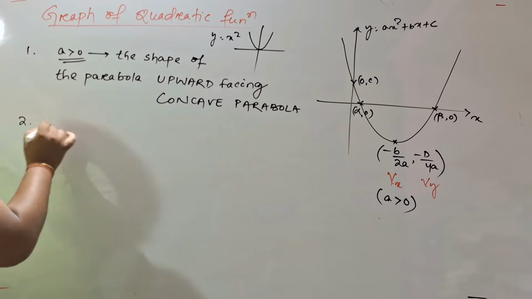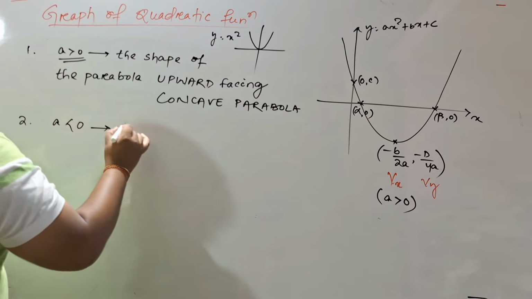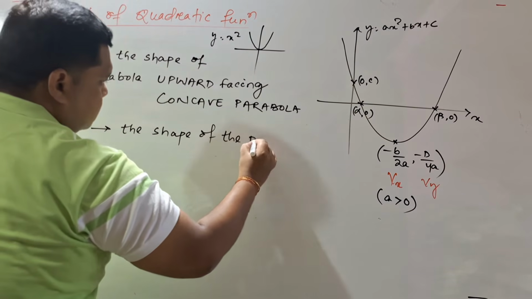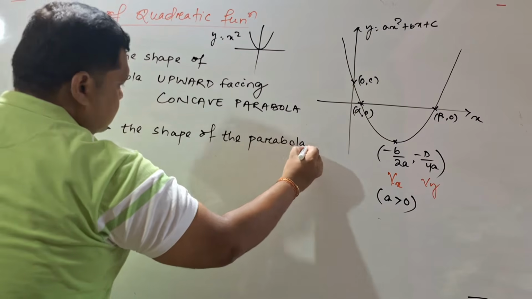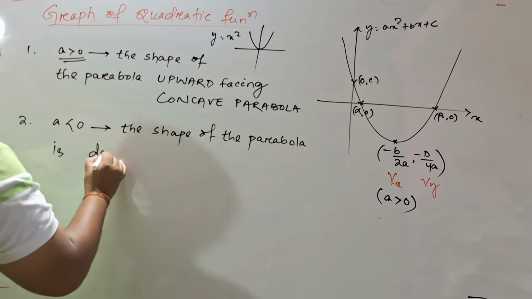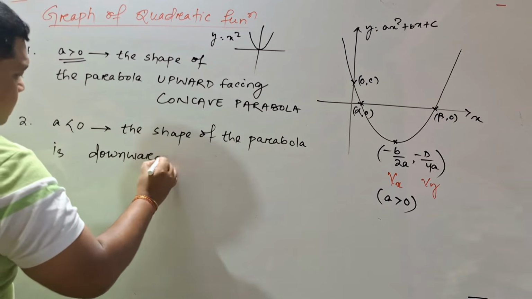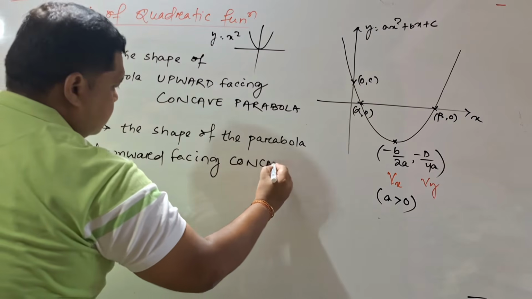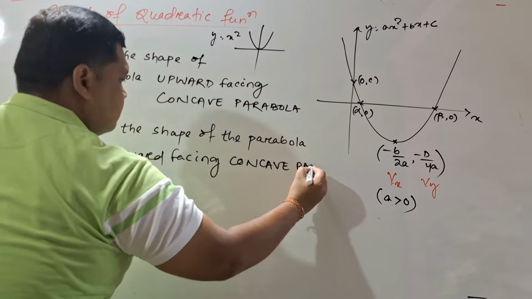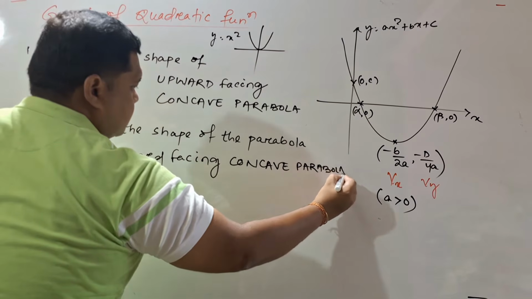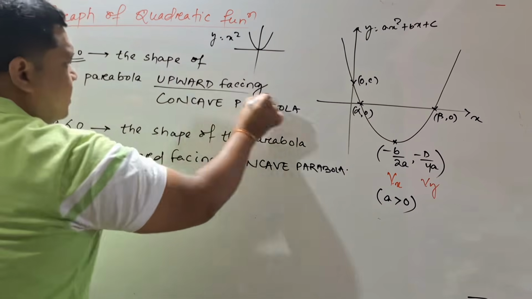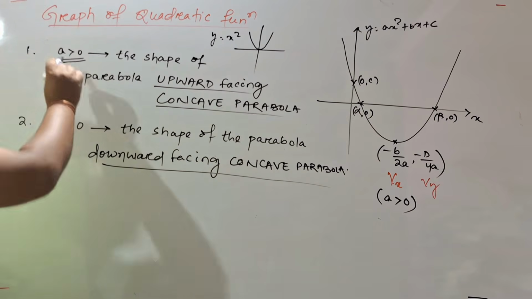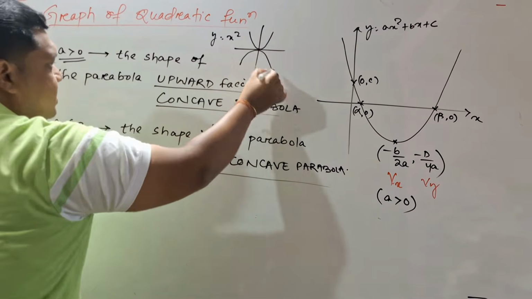And when a is less than 0, the shape of the parabola is a downward facing concave parabola. Okay, so when it is an upward facing concave parabola and when it is a downward facing concave parabola. Understood now? When a is greater than 0, this is the structure. If a is less than 0, this is the structure.